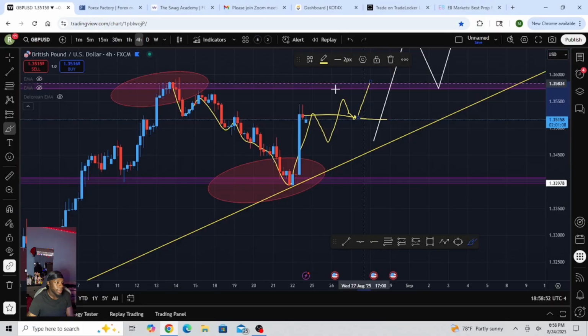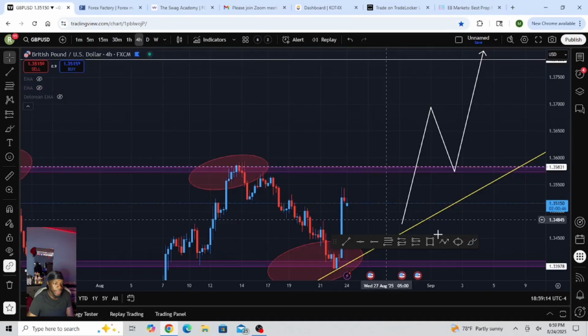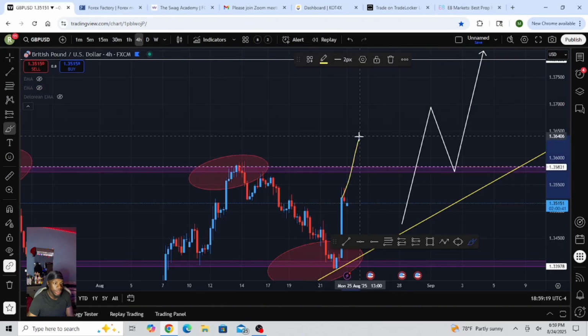If that doesn't happen and price just continues to push up or does many tiny retracements but continues going up, I would just wait for price to break this area, maybe a close on the daily or not, depending on how strong the momentum is. And I'll wait for a pullback to this area, and I'll be looking for buys here.